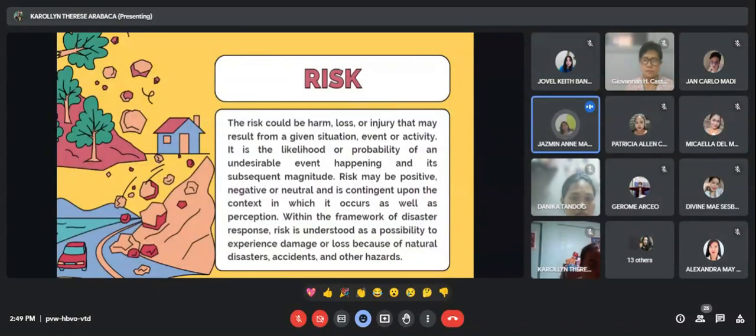So within the context of the disaster response, risk is understood as a possibility of damage or loss resulting from natural disasters, accidents, and other hazards. Risk is not inherently bad or negative, but rather depends on the circumstances and how it is perceived by those affected. Next po.